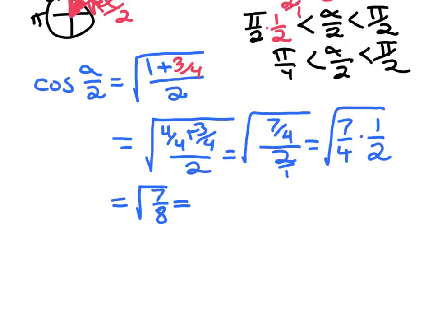So let me start out by doing what I would hope that all students would do. So this is equal to the square root of 7 over the square root of 8. Now the square root of 7 is a prime number, that can't be simplified. But the square root of 8, let me write down here, is 4 times 2. There is a perfect square that's a factor of 8.